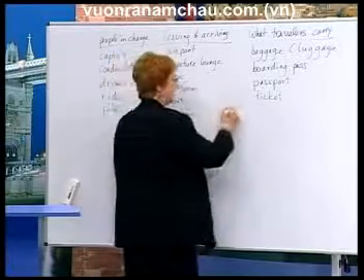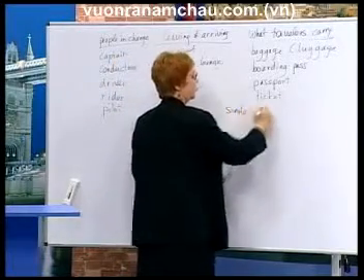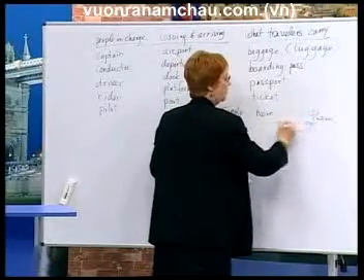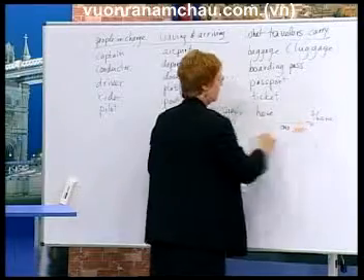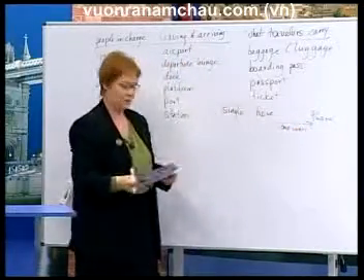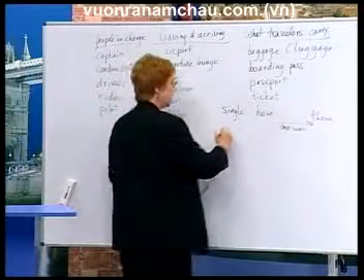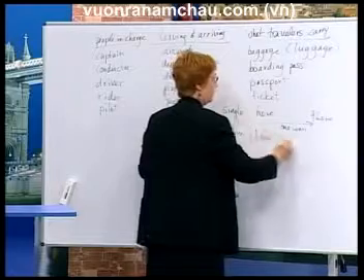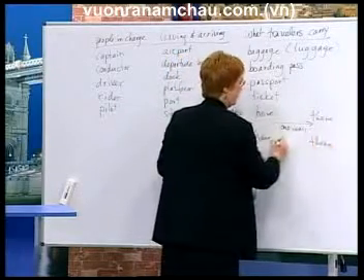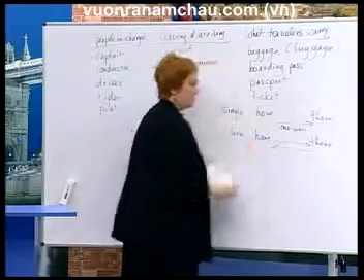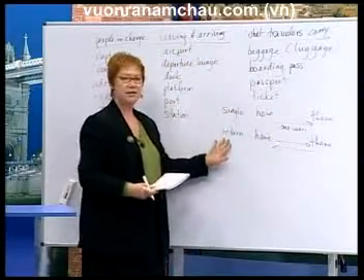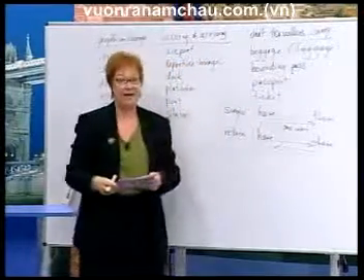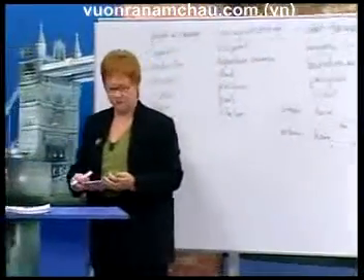So a single ticket lets you go from here to there just one way. A single ticket is also known as one way. Now, a return ticket lets you travel from here to there and back again. So a return ticket is here to there, back to here. This is important to know, especially if you fly.